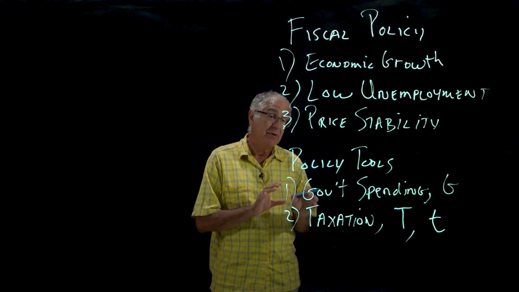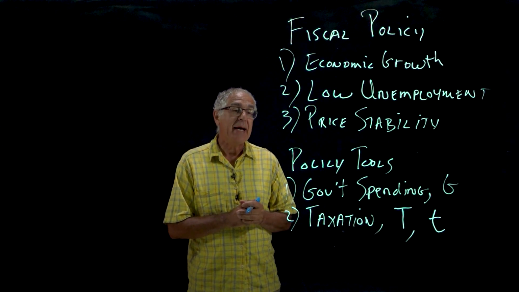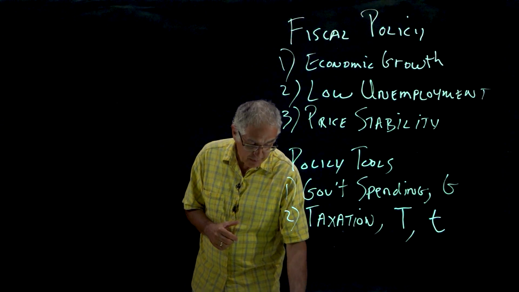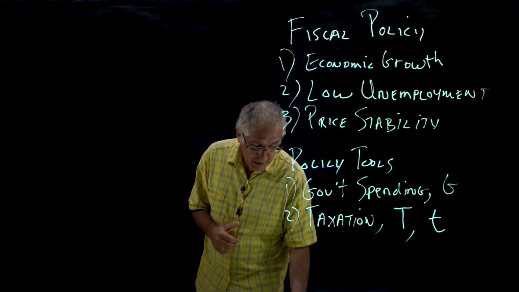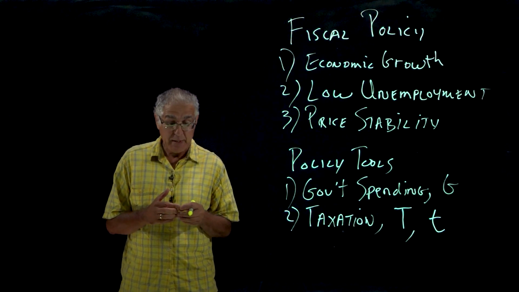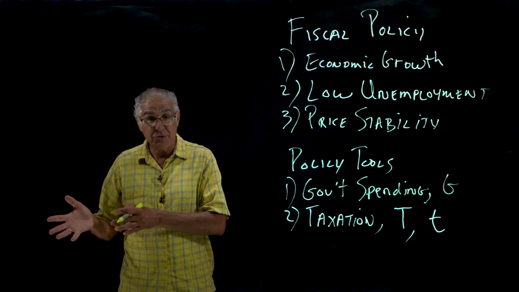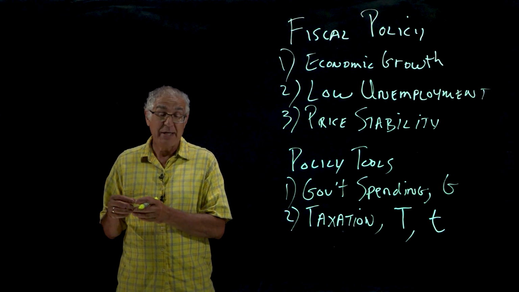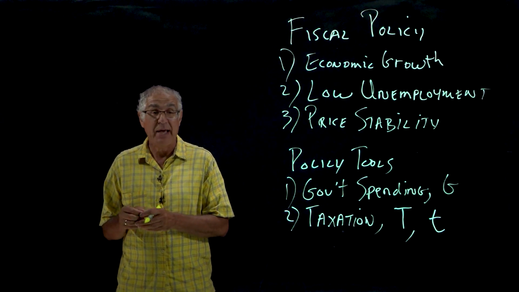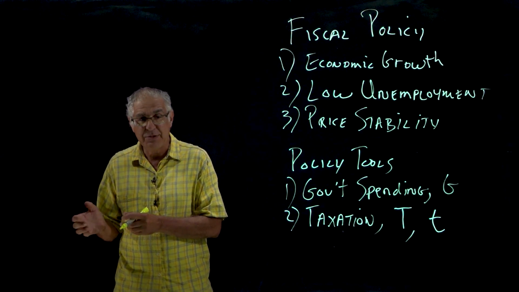Okay, so let's talk about when fiscal policy is used. And just like with monetary policy, the economy will typically find itself in one of several places. Either output is below its potential level, in which case we are typically in a recession and we have high unemployment, we have little pressure on prices.